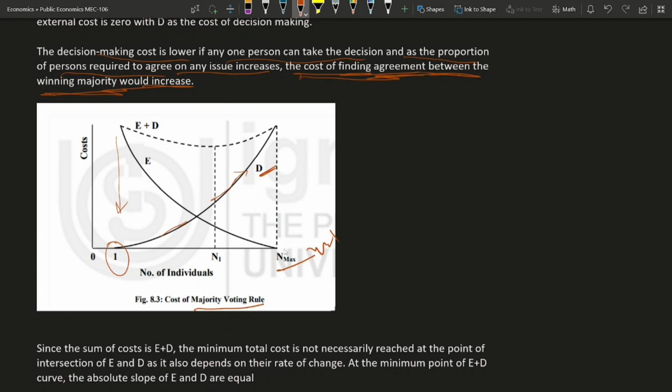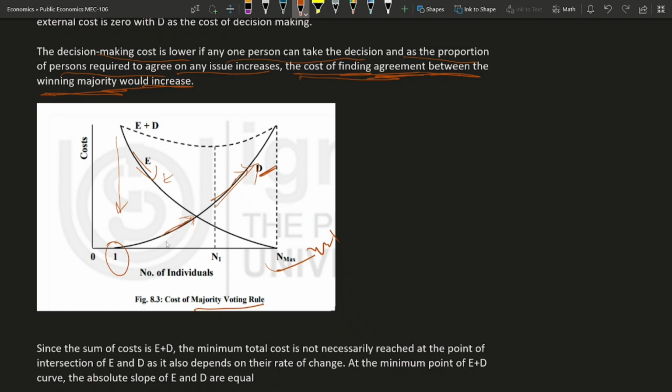So as the number of voters increases, this cost D will also increase. The slope of D depends on how complex the system is becoming as the number of voters increases. The slope of E depends on how important the issue is for individuals and how much it is going to affect them.